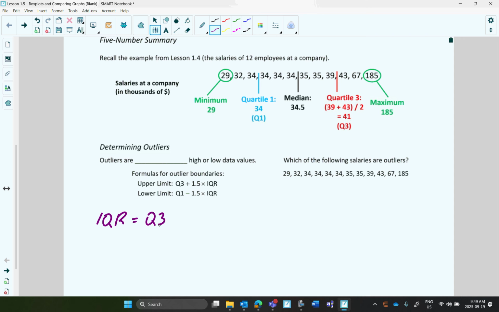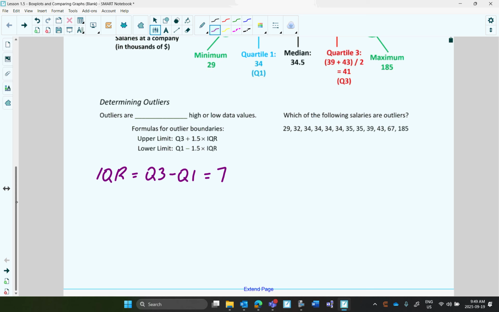Q3 minus Q1, which in this example gave us 7. So you need the interquartile range to calculate outliers. Now there's two types of outliers. They could be on the low end of a distribution, or they could be on the high end. So we have to calculate an upper limit, where anything past that is an outlier, and then a lower limit, where anything lower than that is an outlier.